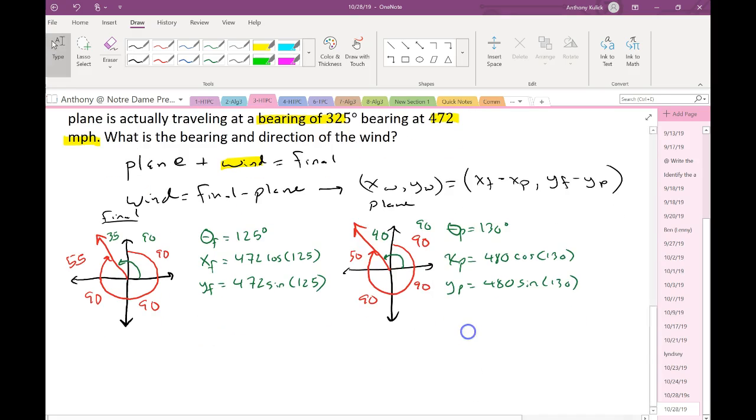And now to get our wind, that's going to be xf minus xp and yf minus yp.